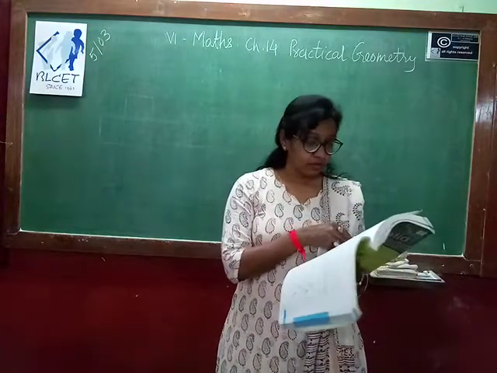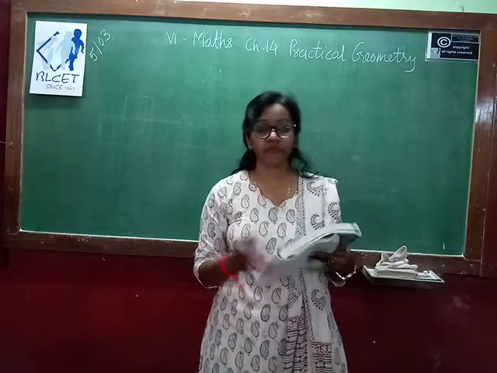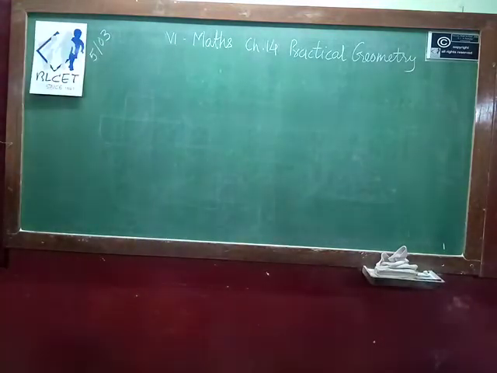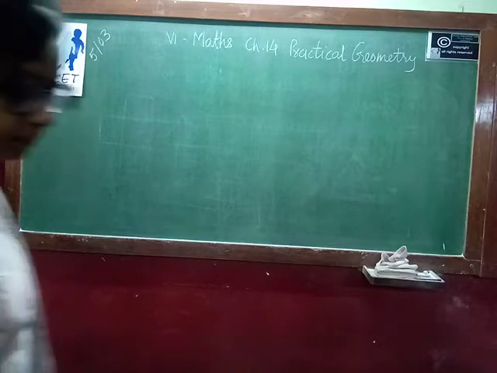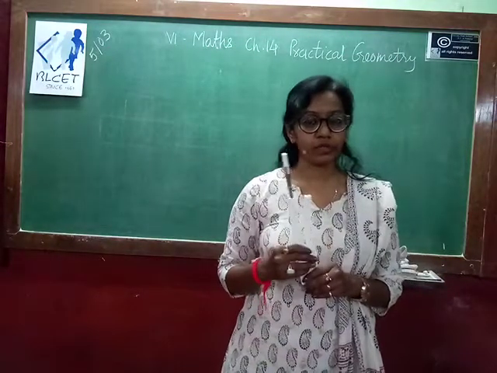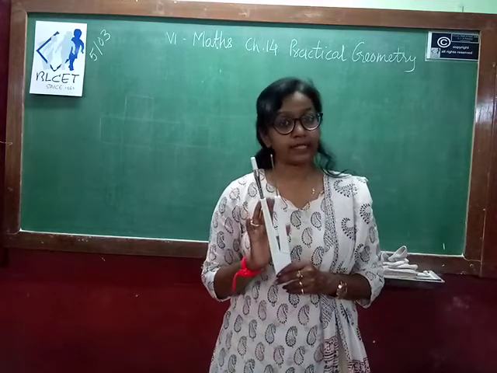Now we will see how to draw a circle with the help of rounder. Let's see. To draw the circle we use this instrument which is known as a rounder, or you can say compasses.